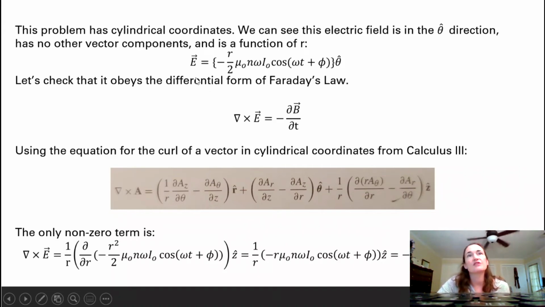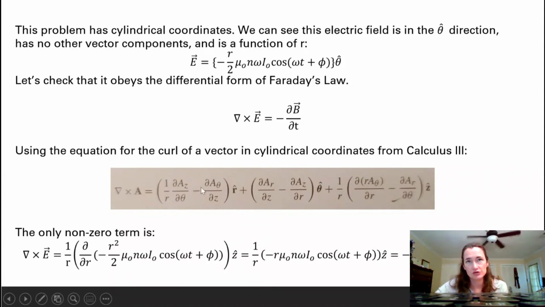Now we can also see, if we look at our electric field equation, that it's not dependent upon theta, and it's not dependent upon z explicitly. So since it doesn't have that explicit dependence, the partial of E theta with respect to z has no z component. So that would be 0 too, trivially, all right?